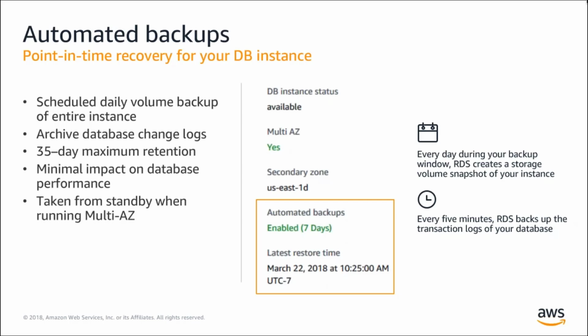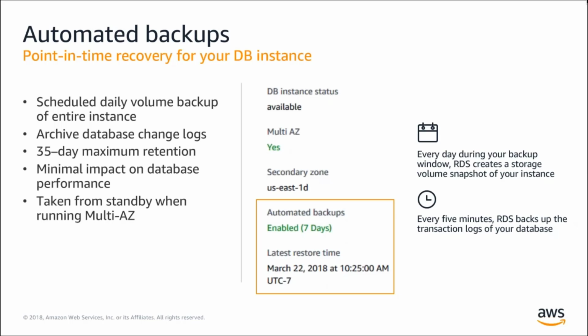The ability that we give you with point-in-time restore is that you can pick a time between your two automated backups, and the database will be rolled forward to that time, which means giving you database recovery at that exact timestamp that you selected.